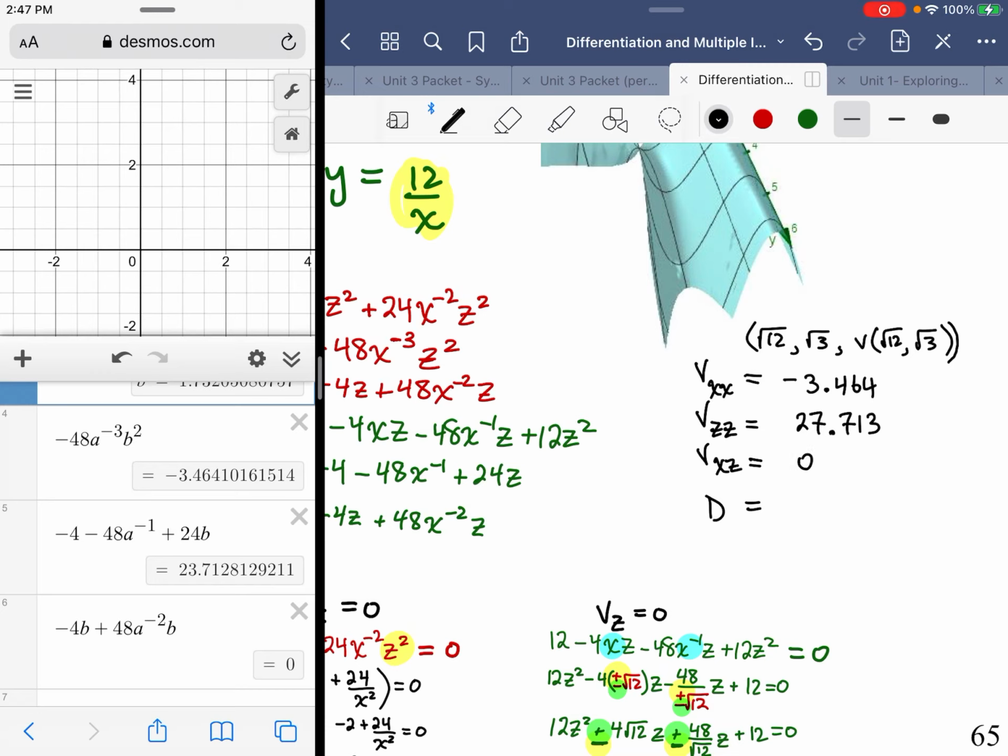XZ is equal to 0. So the D is just going to be the product of these two values. We're really just looking for the sign, right?